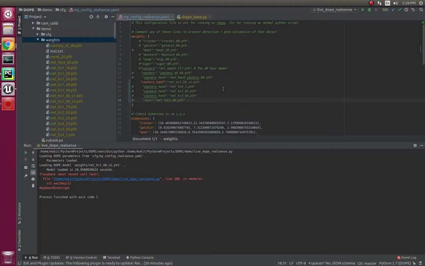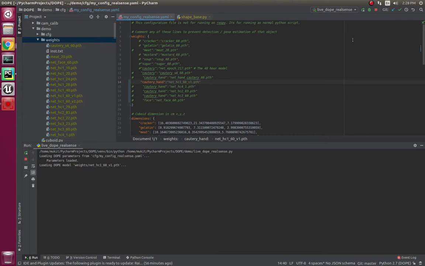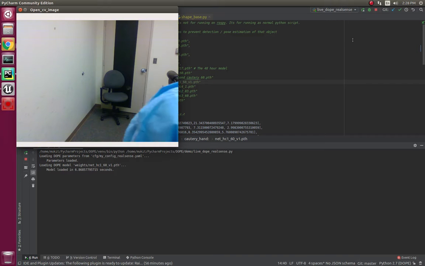Okay, so now I'm going to show version 1, which, as far as I remember, was trained on only 10,000 images for, I think, 20 epochs or something. So it was much less trained. First I'm going to show the performance without using the glove.